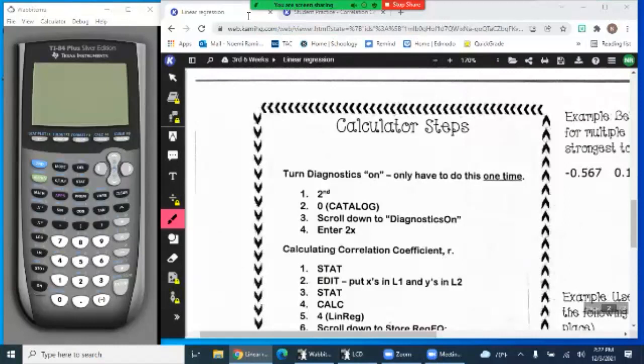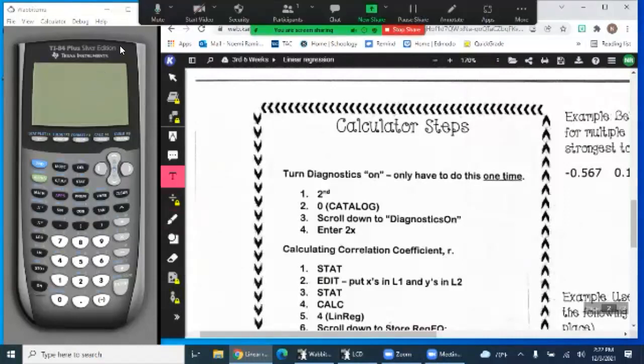Okay, so in order to find the line of best fit, we're going to use a feature in the calculator called linear regression. Linear regression is just a feature that we use in the calculator.